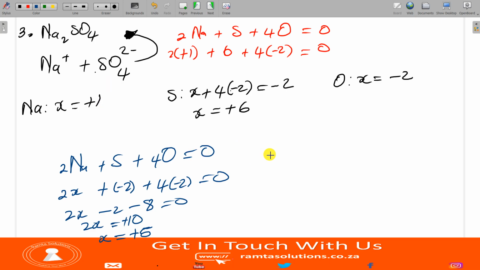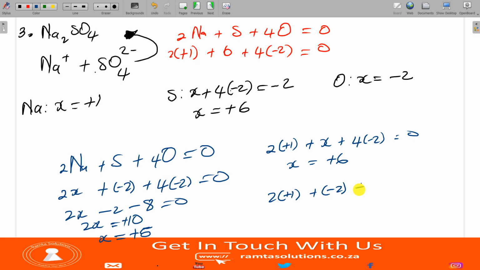Let's say for sodium plus sulfur is unknown plus oxygens, what does it give you? Equals 0. This will give you positive 6. Now let's look for oxygen. Using the very same strategy, you will say it is 2 times positive 1 plus -2 plus 4 times oxygen, which is unknown.